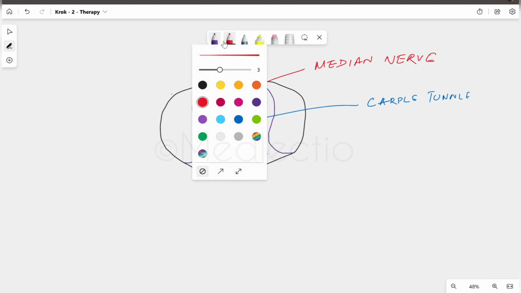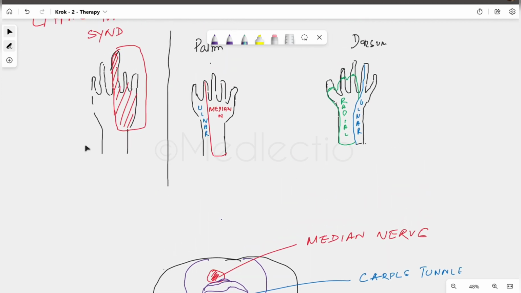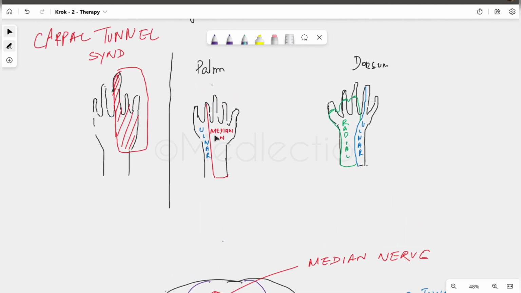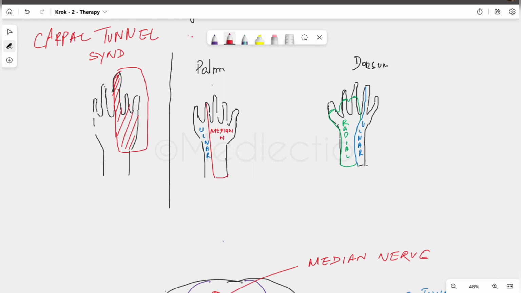So when this area, the carpal tunnel, gets inflamed or swollen, our median nerve gets compressed. So when the median nerve gets compressed, what happens? We get symptoms in this area, this whole area, the palmar side, and on the dorsal side, this area.